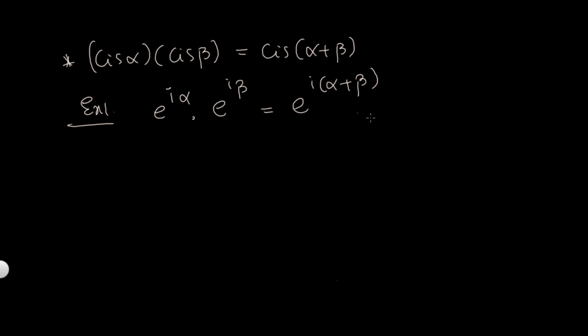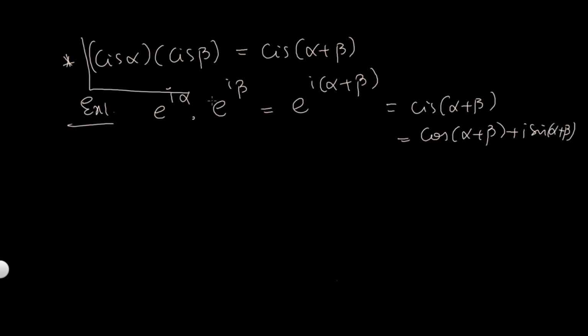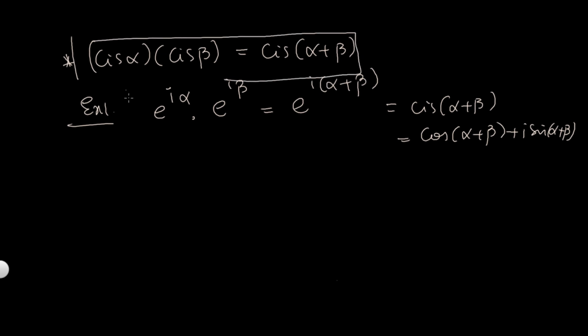That is cis of alpha plus beta, or cos of alpha plus beta plus i sin of alpha plus beta. So cis alpha into cis beta is always cis of alpha plus beta.